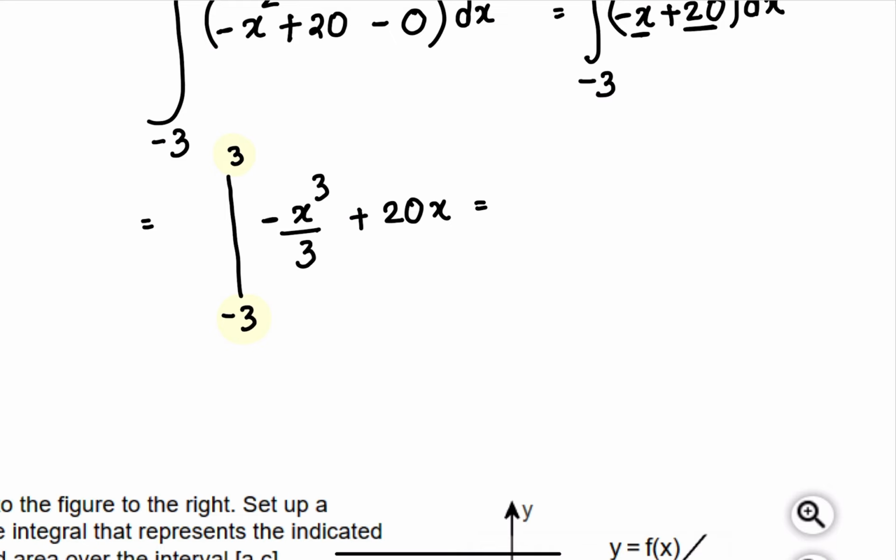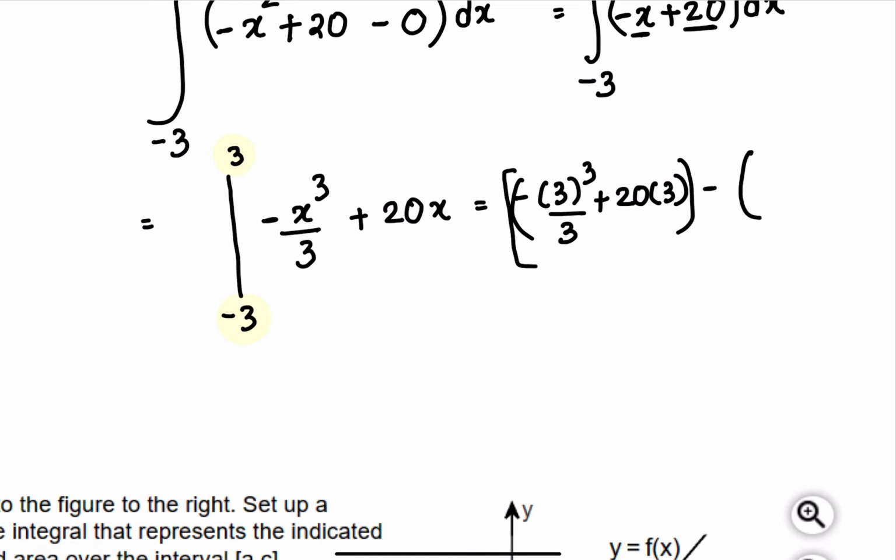And all I have to do is plug in my -3 and +3. As you know, you first plug in your +3: -3³ over 3 plus 20 times 3, minus, I am going to put these in parentheses as well, minus -3³ over 3 plus 20 times -3.